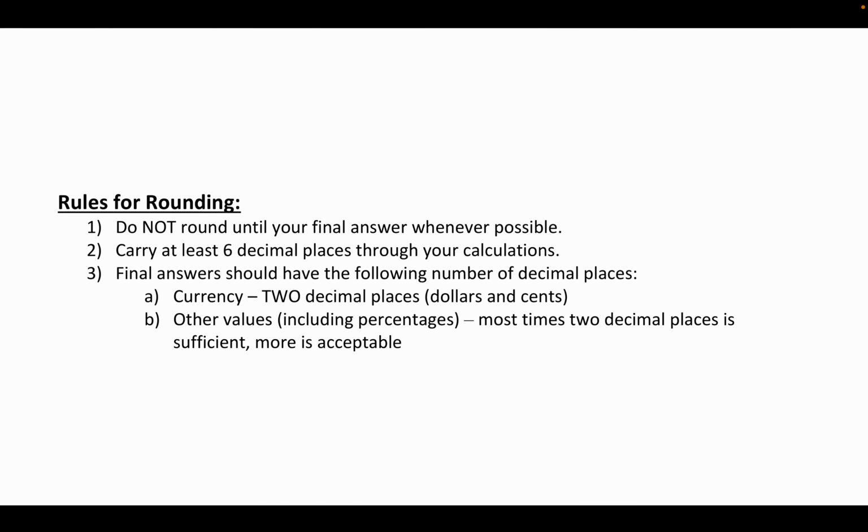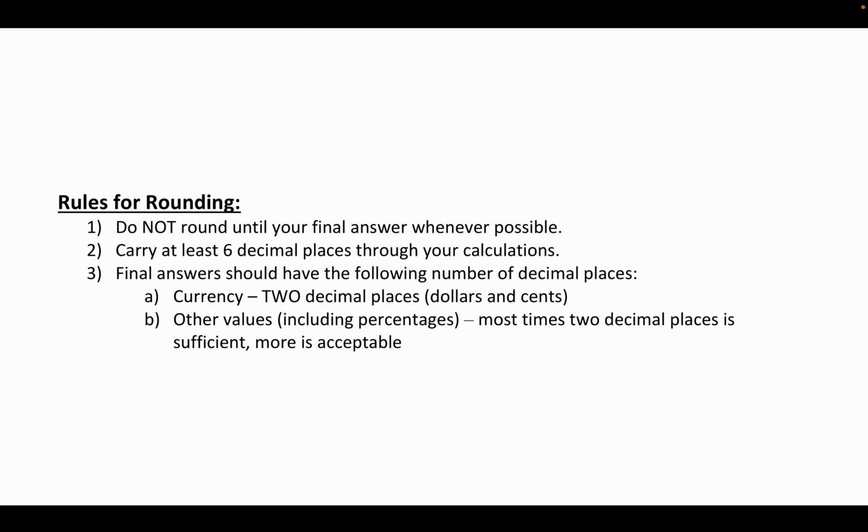So for this course, we have some rules for rounding. I don't know if rules is the proper term. Guidelines might be more appropriate, but they're still important to ensure the accuracy of your answer. So whenever possible, don't round until your final answer. Try not to round in the middle of your calculation because as we get into more complicated mathematics, this can cause your final answers to be off, sometimes by quite a bit.